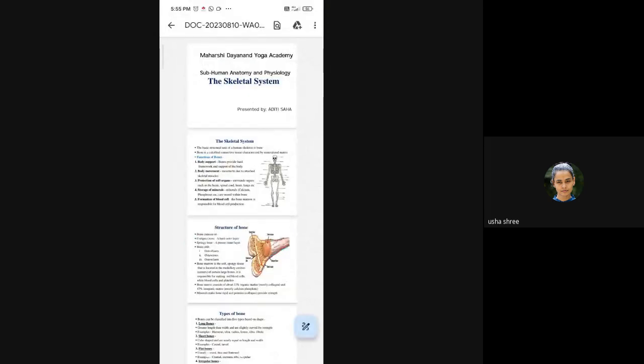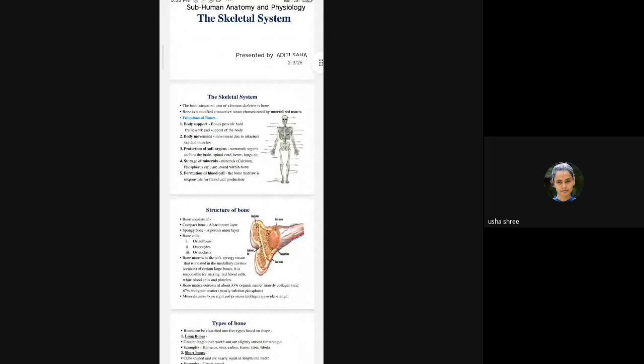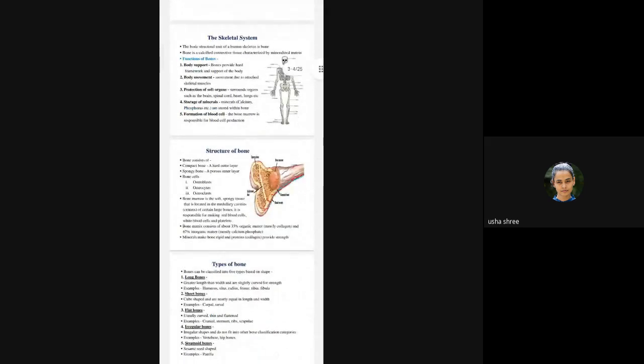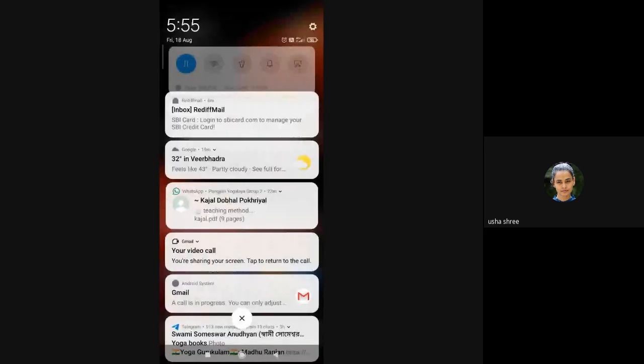Okay, no problem. So let me ask some questions. Tell me, what is the upper part or the harder part of bone made up of? Now answer me in the chat box. Compact bone.